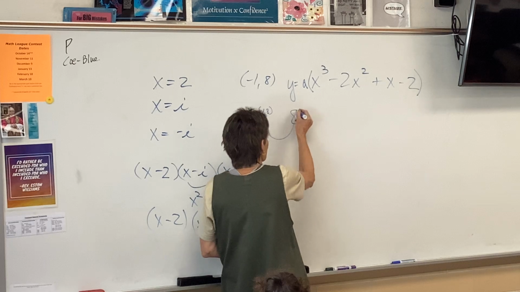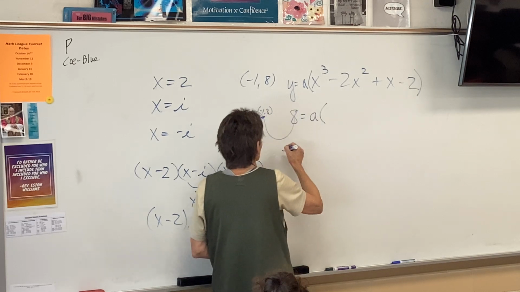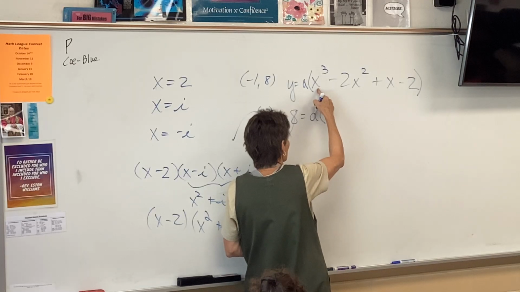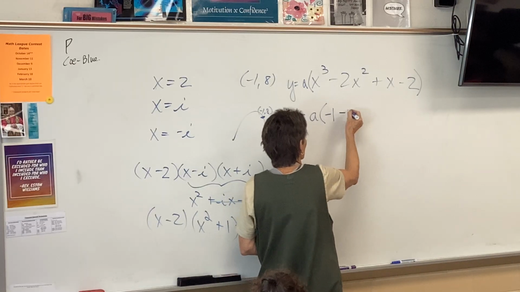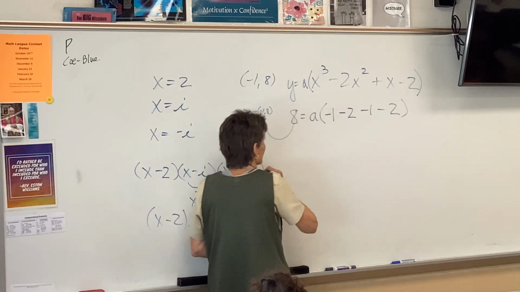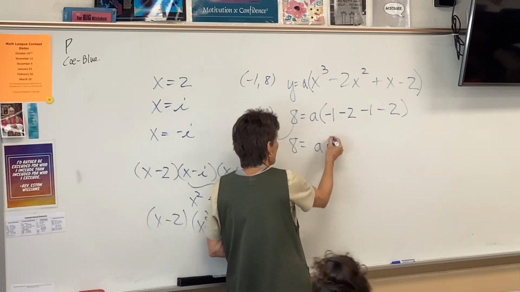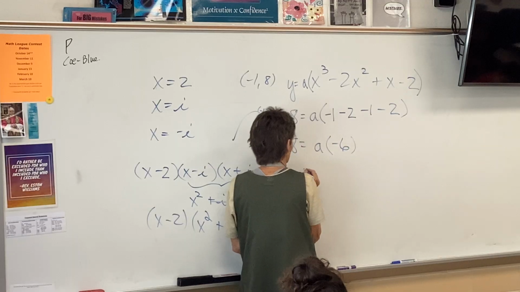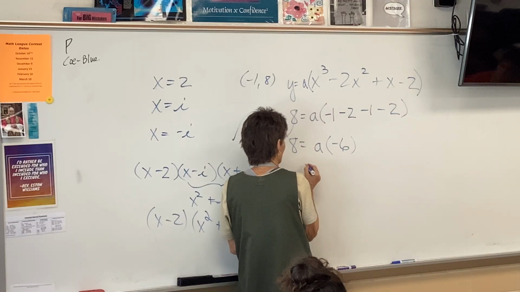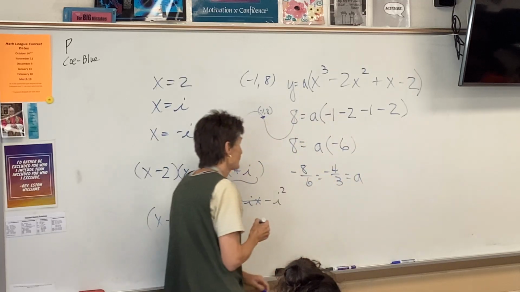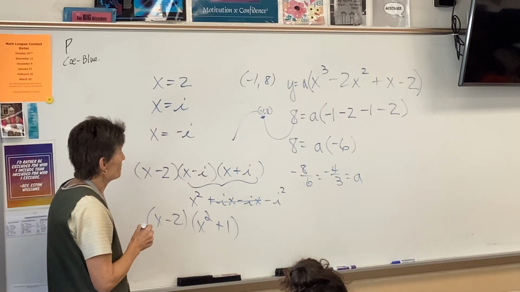If y is 8, then x is -1, so put -1 in. It looks like that number must be -4/3. Check my arithmetic.